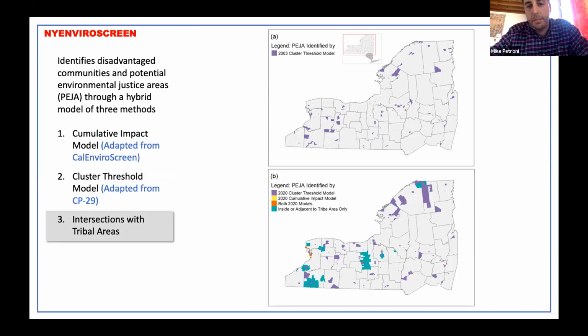And you can see here in the maps in the 2003 potential environmental justice area classification, there's not as many rural areas as in Part B here, which is our proposed new version. In the teal there, you can see that some of these block groups were added because of their intersection with tribal areas.